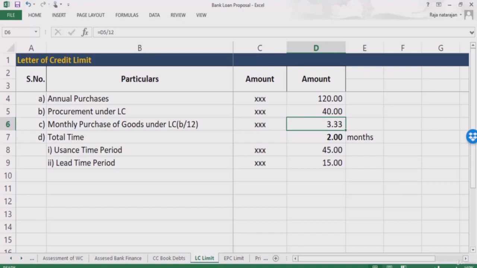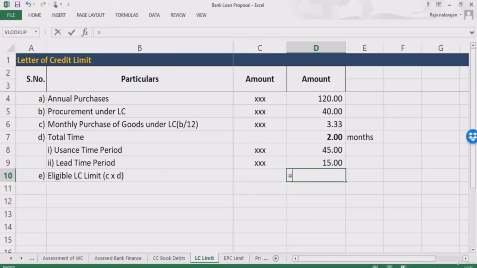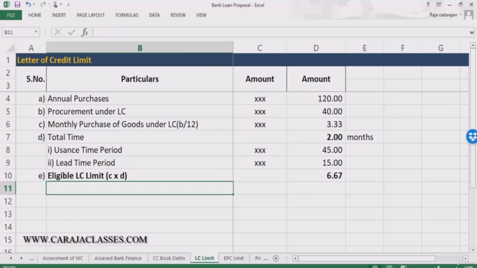Then for 2 months it will be 3.33 multiplied by 2. So I can say item E, eligible LC limit, is nothing but item number C multiplied by D, which is 3.33 crore per month multiplied by 2 months. So this is the eligible LC limit, and this is how LC limits are assessed.